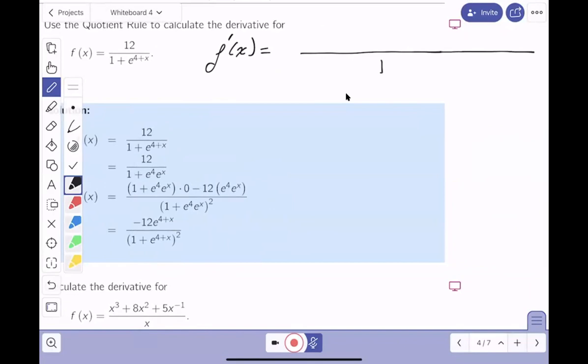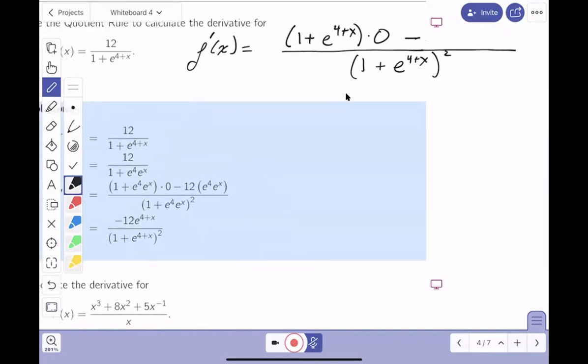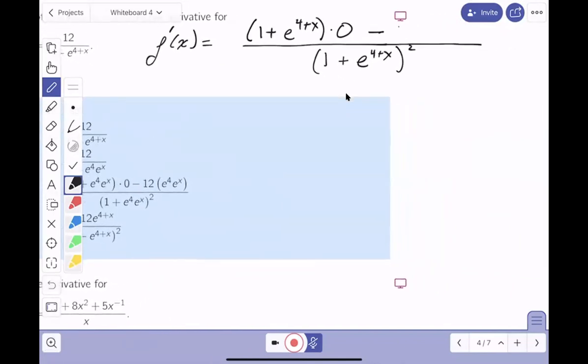All right. So 1 plus e to the 4 plus x, that's the bottom squared. Take the bottom to the top, times the derivative of the top, which is 0, minus 12 times the derivative of the bottom.